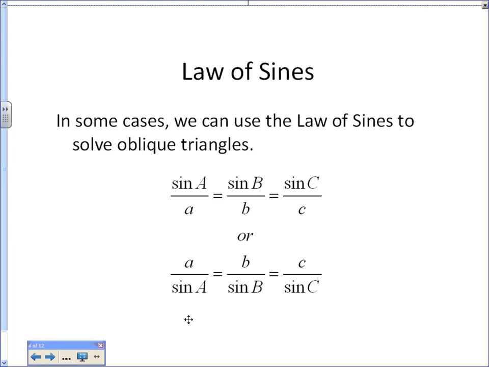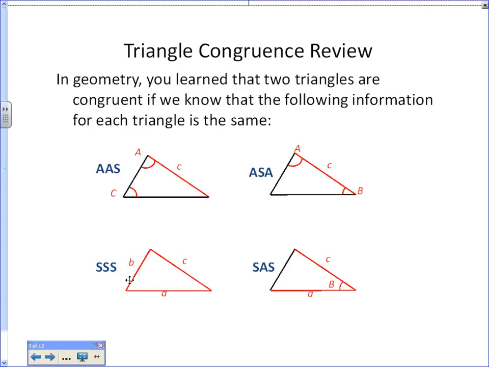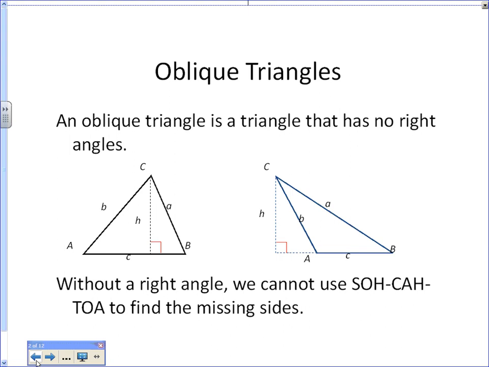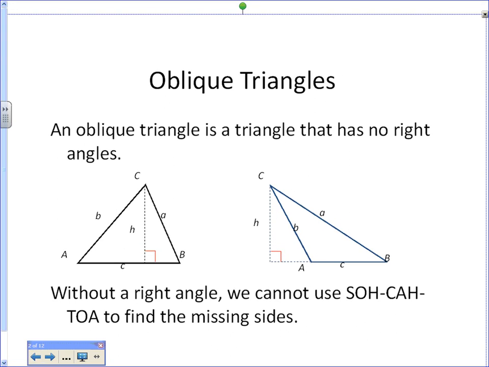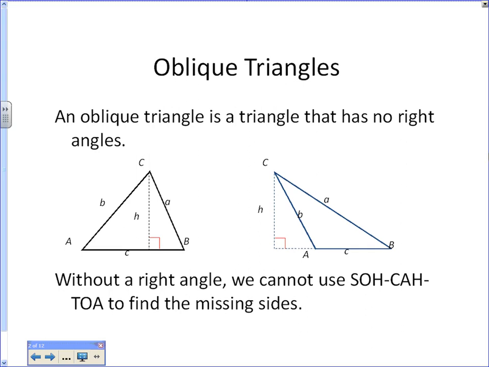Really quickly, let's go back and look at this set of triangles right here. Notice that the angle C is across from side C, and the way we represent that is with a big C for our angle and a little c for our side. Big B is the angle across from little b, and big A is the angle across from little a.